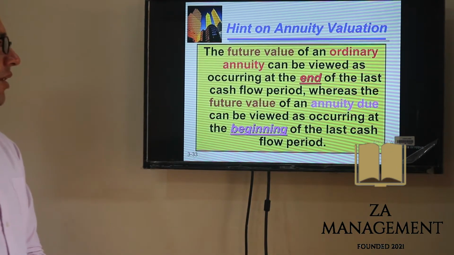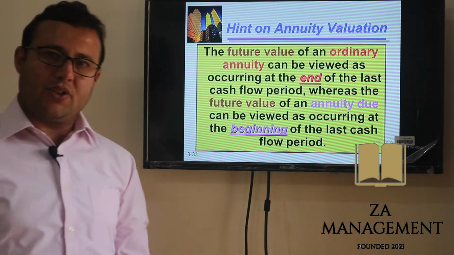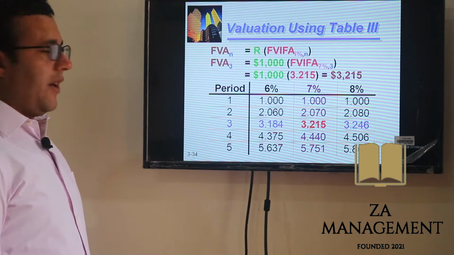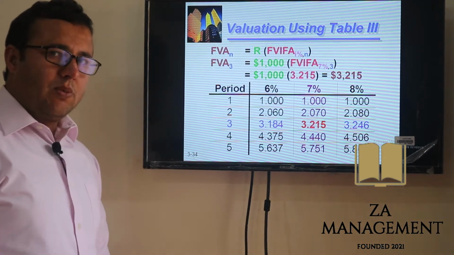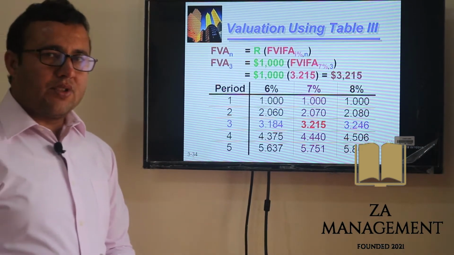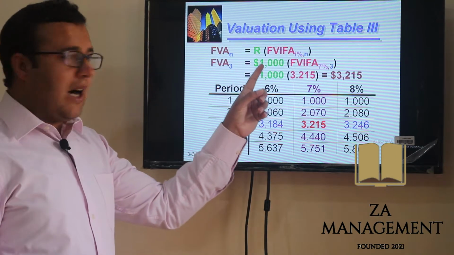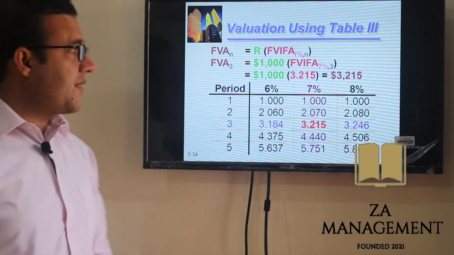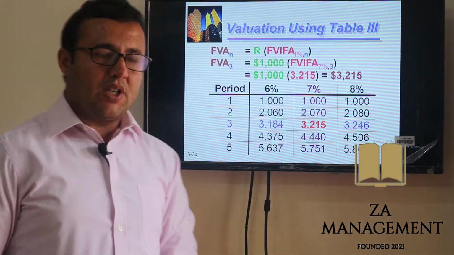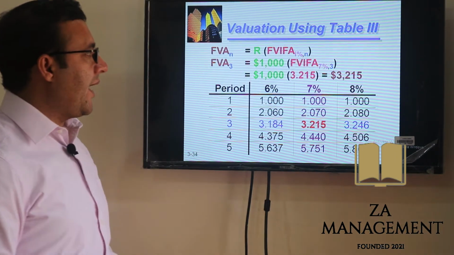The future value of an annuity can be viewed as occurring at the end of the last cash flow period, whereas the future value of an annuity due can be viewed as occurring at the beginning of each period. We can calculate the future value of an annuity with the help of a table also. It is simple to calculate, by multiplying the installment R by the future value interest factor of the annuity, which can be found in table number 3 of your appendix.